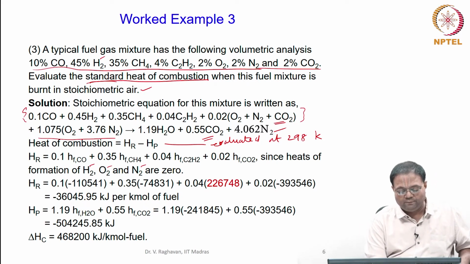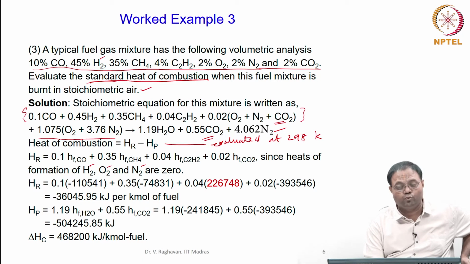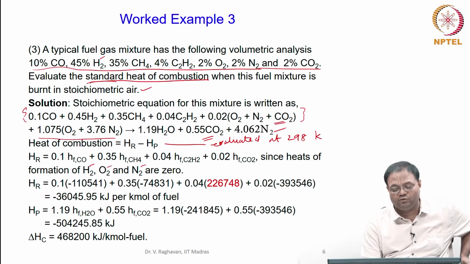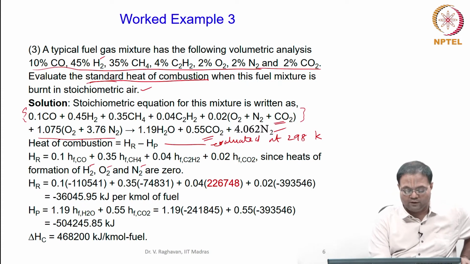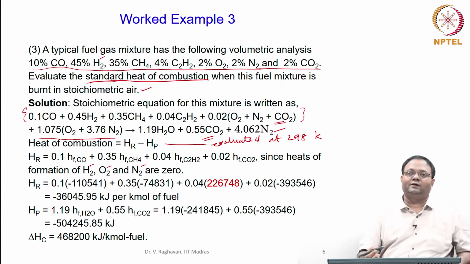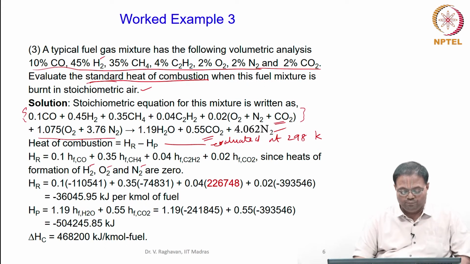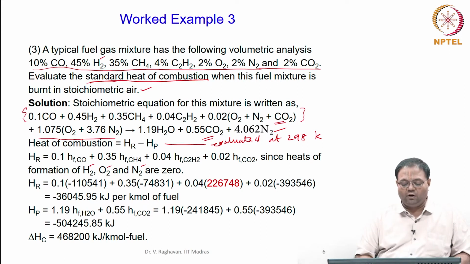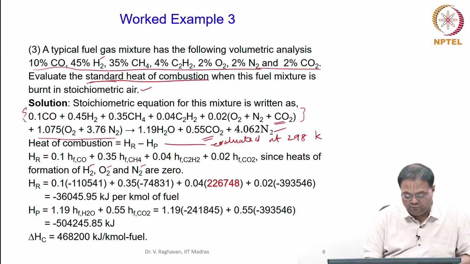So 0.35 times HF of CH4 plus 0.04 times HF of C2H2 plus 0.02 times HF of CO2 in the fuel. Whatever is in the fuel will be the reactant enthalpy HR. Okay. Basic elements are discarded here. Similarly, if you take products, okay, now I am substituting the values.